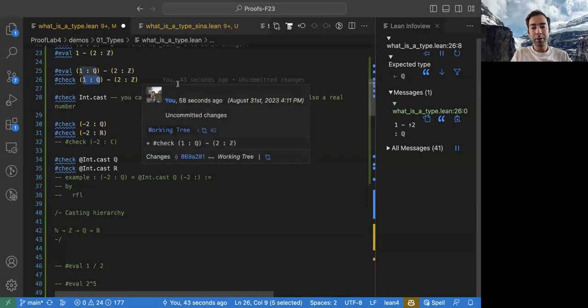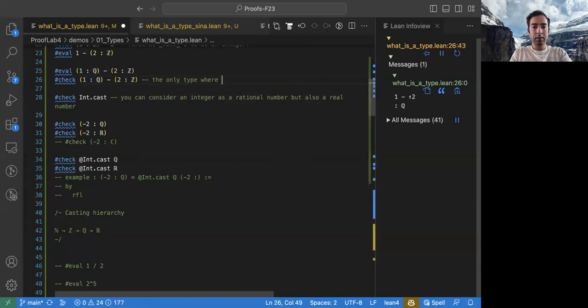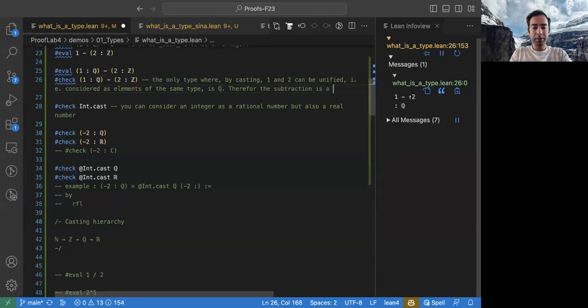The only place where by casting 1 and 2 can be unified, i.e. considered as elements of the same type, is Q. Therefore, the subtraction operation is a subtraction of Q.